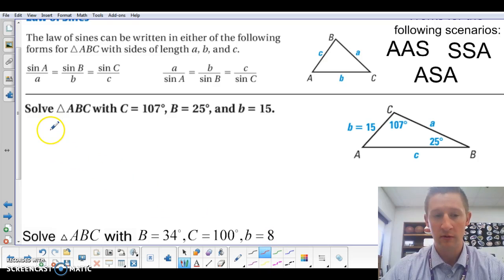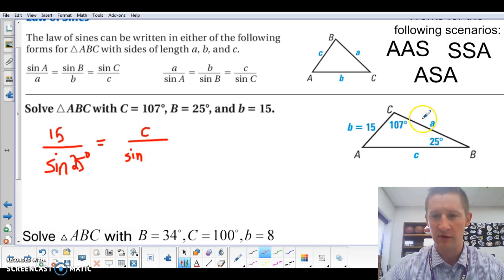I know that 15 is to the sine of 25 degrees as side C, which I don't know, but that ratio would equal 15 over sine of 25 is equal to C over the sine of 107, the angle that is opposite.